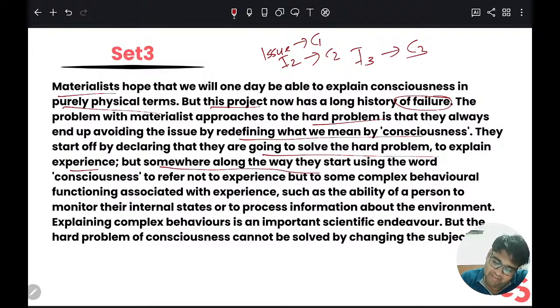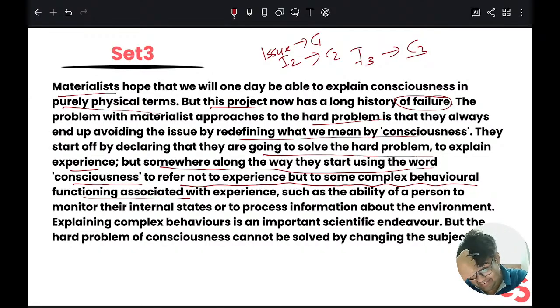But somewhere along the way, they start using the word consciousness to refer not to experience, but to some complex behavioral functioning associated with experience, such as the ability of a person to monitor his internal states or to process information about the environment.